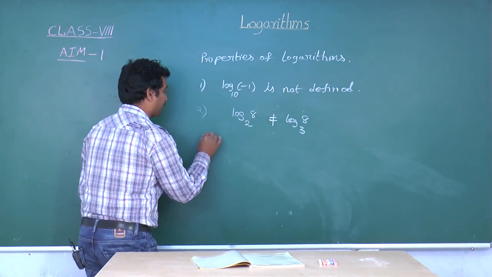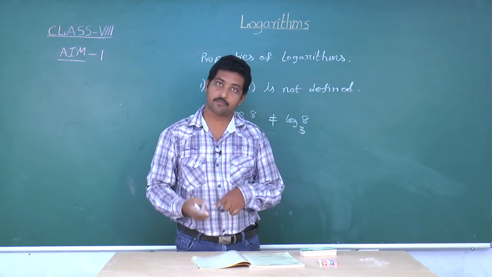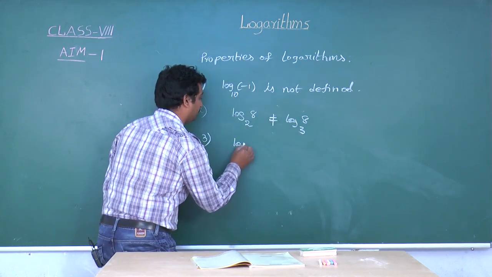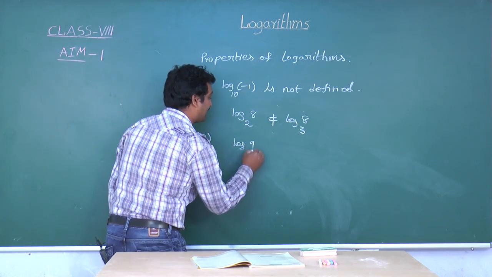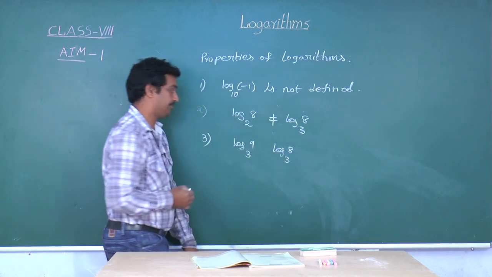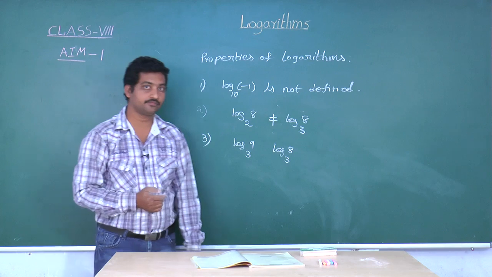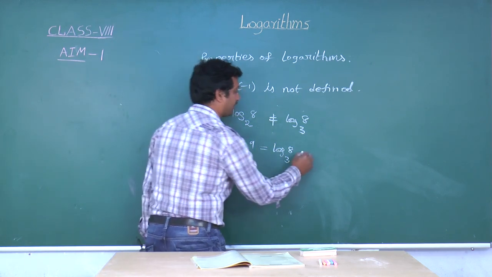Third property, property number 3. Now, logarithms of different numbers with the same base, that is log 9 to the base 3 and log 8 to the base 3. Are these two equal or not? Check it once. Suppose these two are equal, let it be equal to x.